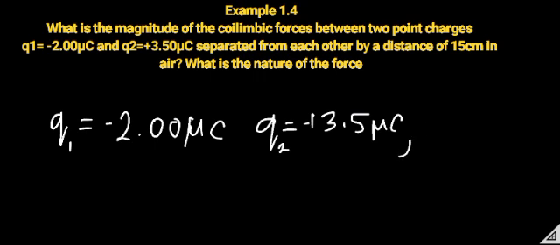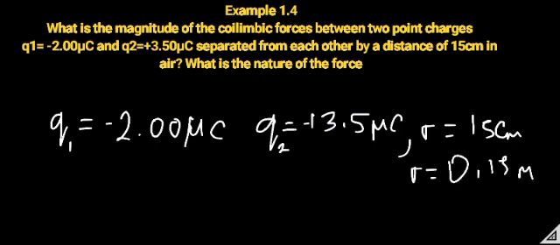So the distance R is 15 cm. First of all, we convert this 15 cm into meter. That's when divided by 100 it becomes 0.15 meter.